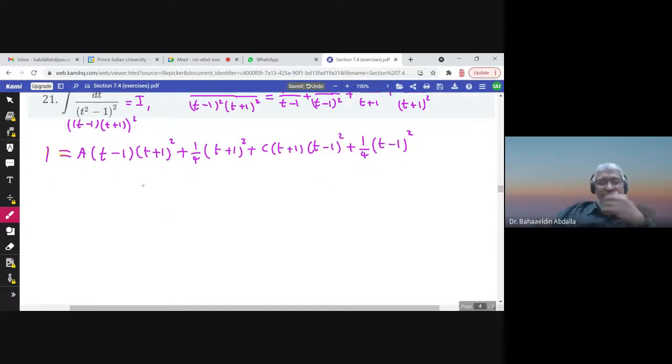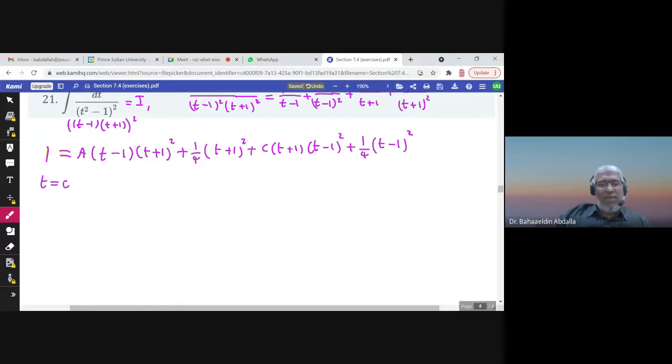Now I can here either expand all of this and equate the coefficients, and this seems long for me, or I can just replace t by two numbers. But not 1 and negative 1, because 1 and negative 1 will not give me anything.